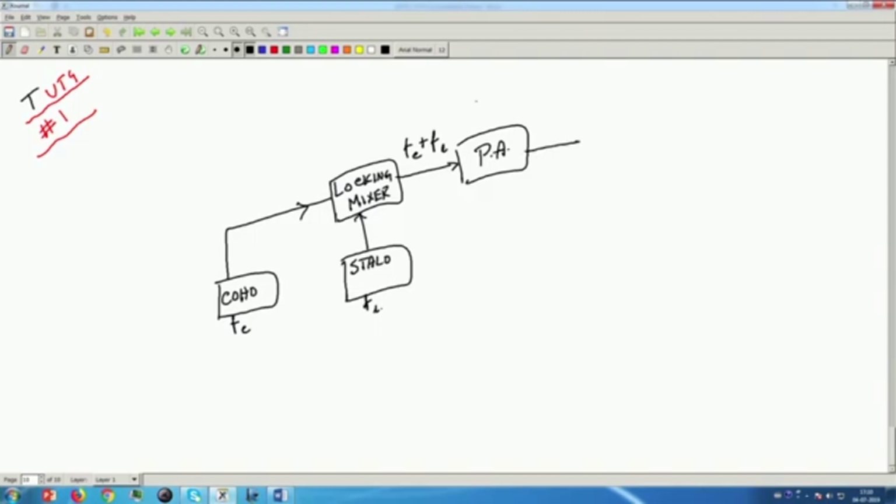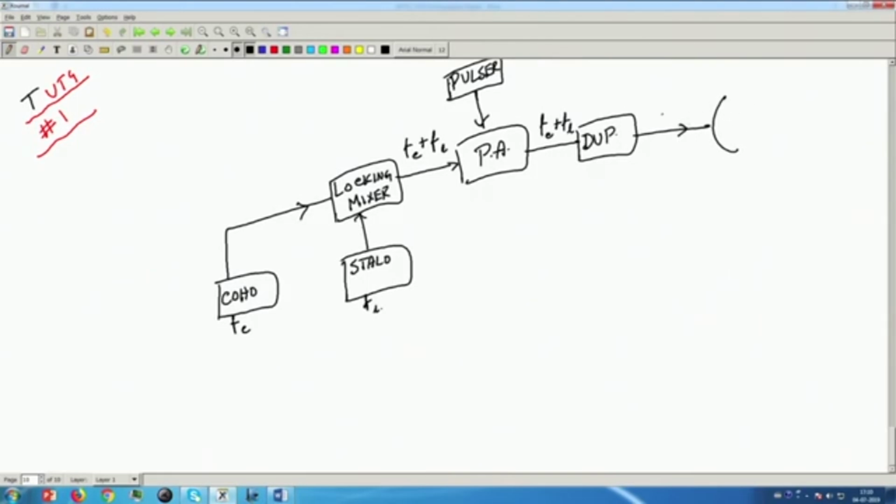To this power amplifier, the modulator or pulser also comes, but that does not change the frequency. So, this is FC plus FL, then it is put to the duplexer, and from the duplexer it goes to the antenna.